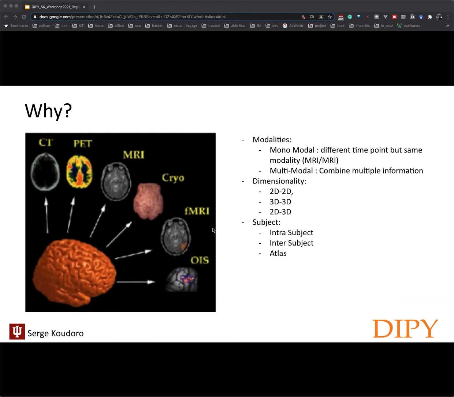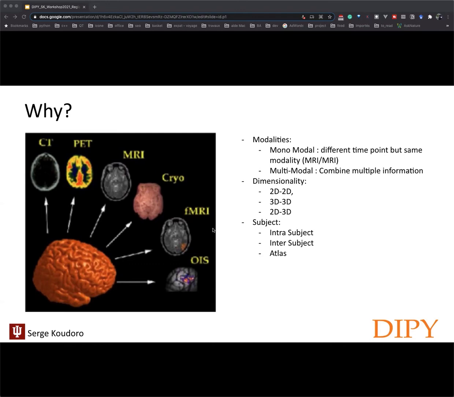For this, we need registration. We might also want to compare a 2D slice with 3D data. We might also want to compare a subject at different time points. So we will always need reference images and moving images.